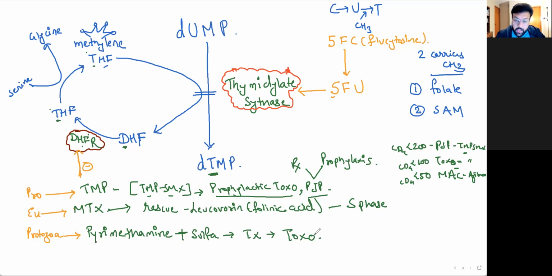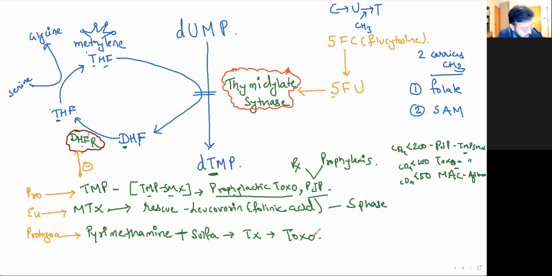Very important. So remember we have two different regimens for the prophylaxis and the treatment of toxoplasma. If you want to give prophylaxis for toxoplasma, give TMP-SMX. If you want to treat, you want to give pyrimethamine along with sulfadiazine. Okay, wonderful. Any questions?